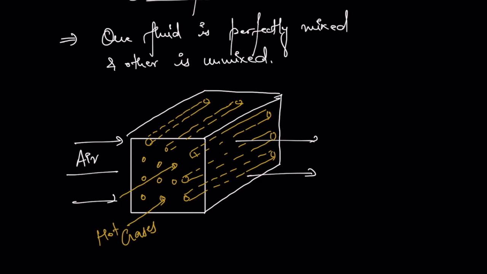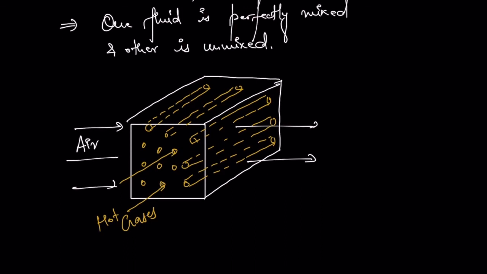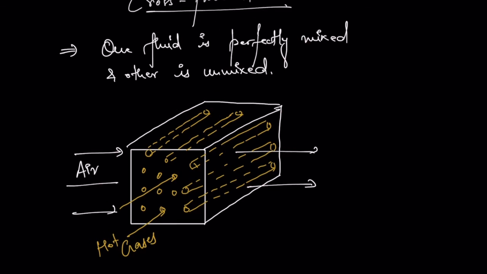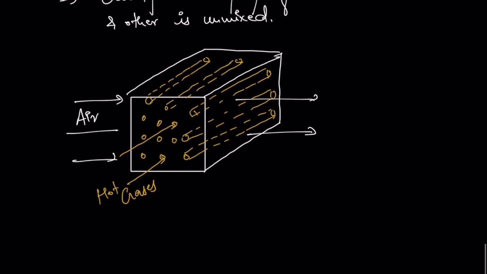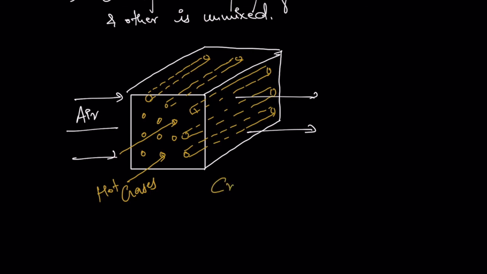So in this one, you see the hot gases are not mixed, they are unmixed, and the air is getting mixed. It's flowing over the tubes, so the air is getting mixed in between. So in this example, the air is perfectly mixed, and the other, the hot gases, is unmixed. Okay, so this is also a cross flow heat exchanger.